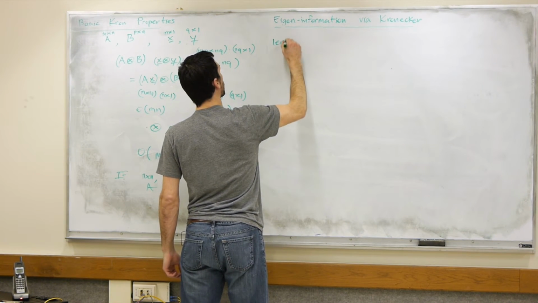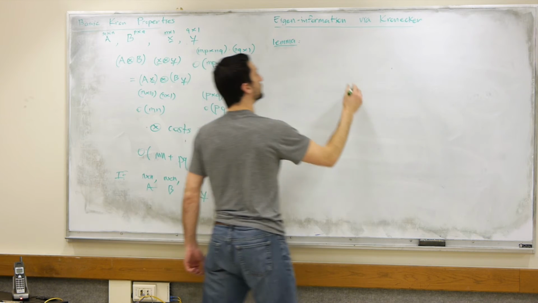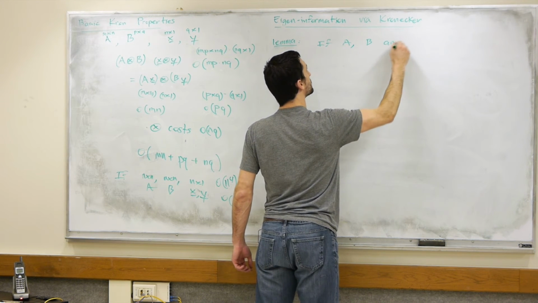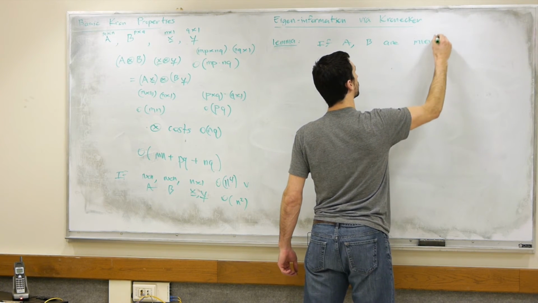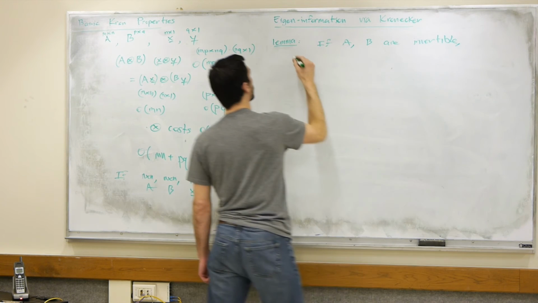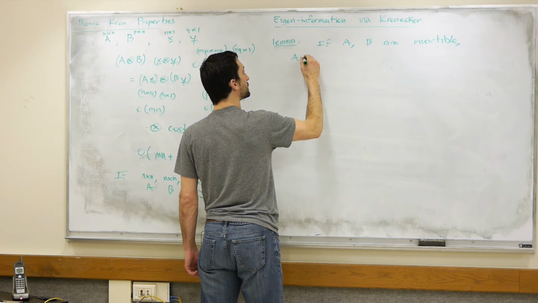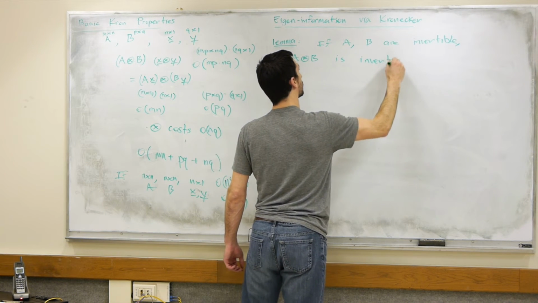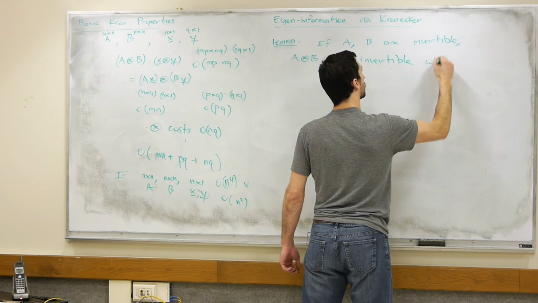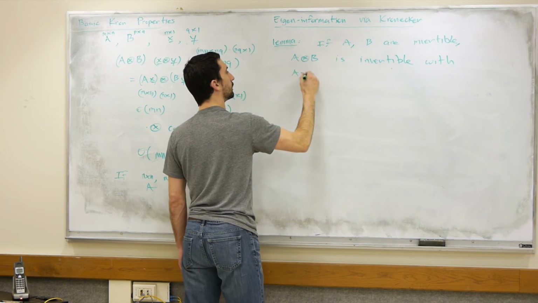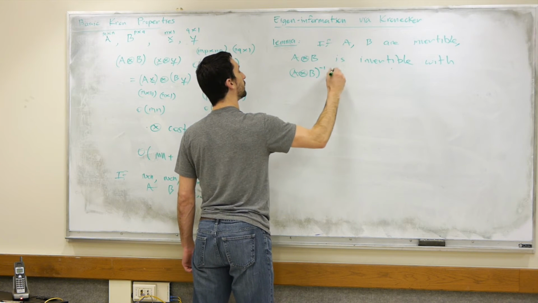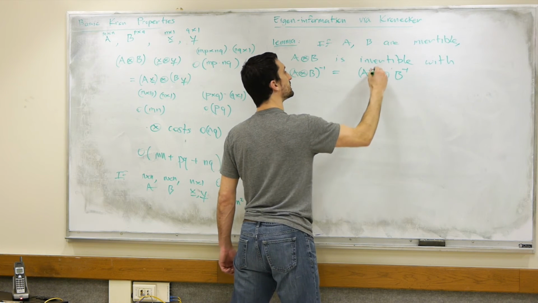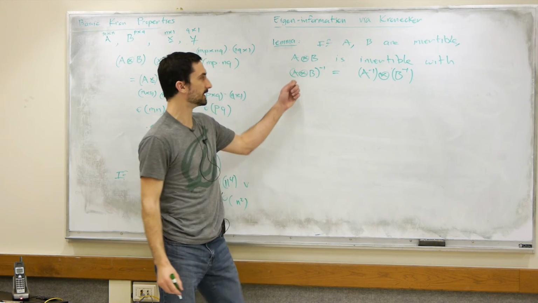So before we even touch eigen-information, if two matrices are square invertible, then I claim the property we were just using is going to allow us to prove that the Kronecker product satisfies a property our brains really wanted to satisfy.